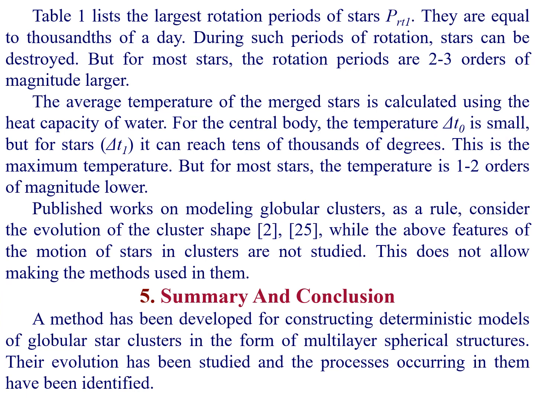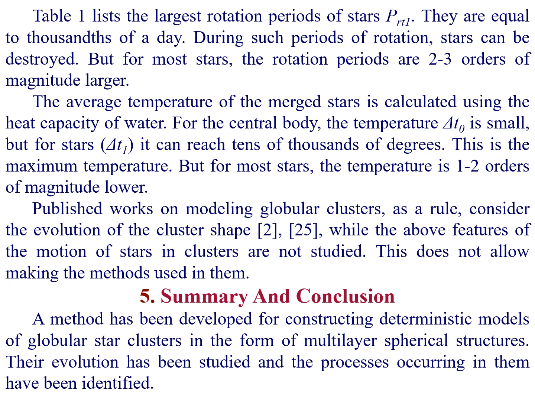The average temperature of the merged stars is calculated using the heat capacity of water. For a central body, the temperature delta T0 is small, but for stars it can reach tens of thousands of degrees. This is the maximum temperature, but for most stars the temperature is 1-2 orders of magnitude lower.